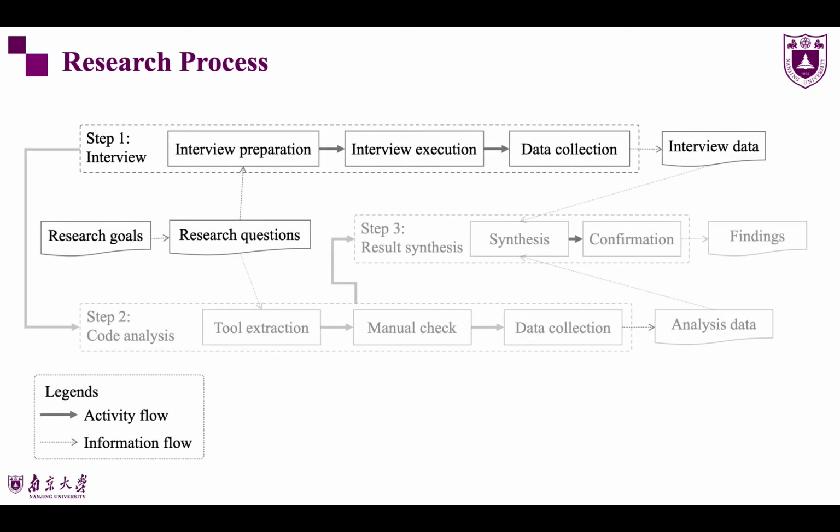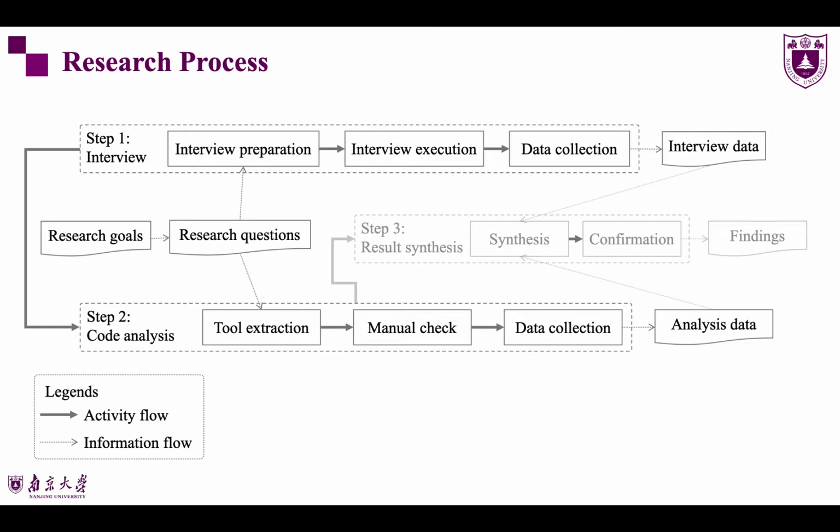This slide shows the process of this study. Driven by the research goals and questions, we first prepared a set of questions. Then we conducted a series of interviews with the developers. After interviews, we started source code analysis. Through extraction and manual check of each log statement, we collected contextual features of the code snippets that contain the log statements.